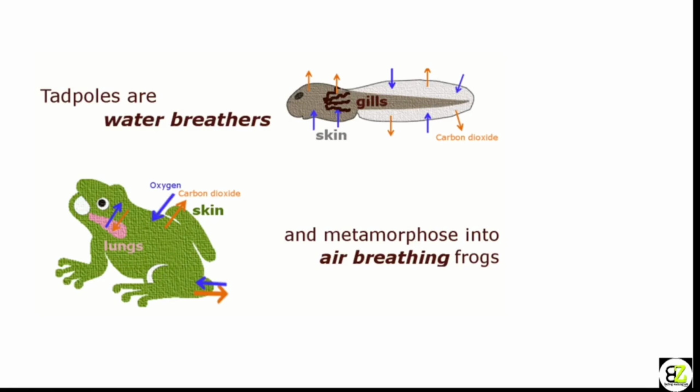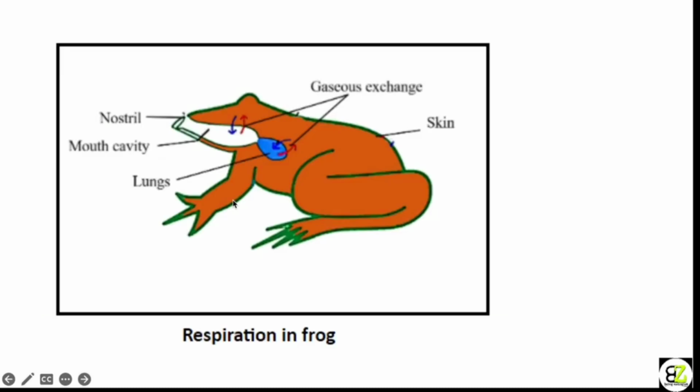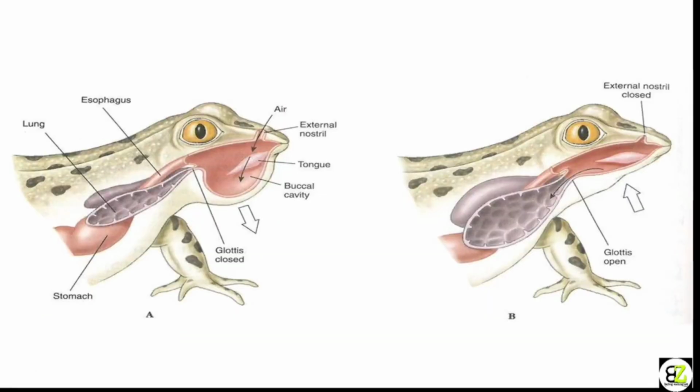Here you will see tadpoles are water breathers, meaning respiration through gills is taking place over here. But in the terrestrial environment, in adult frog, you will see respiration takes place with the help of skin. Here you can see the structure of lung.